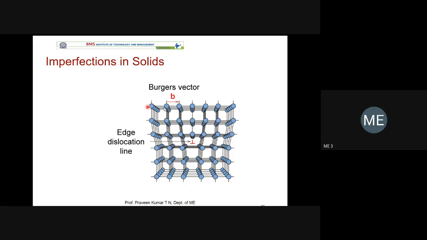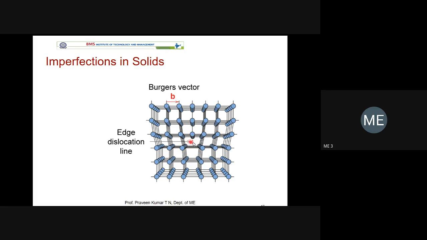All atoms, the left 3 and right 3, those are perfect. But if we consider one more plane of atoms, the middle one, we can see here this is a middle atom plane, one more plane of atoms. So this is not complete. Only half is existing. Then it is referred to as the edge dislocation line.